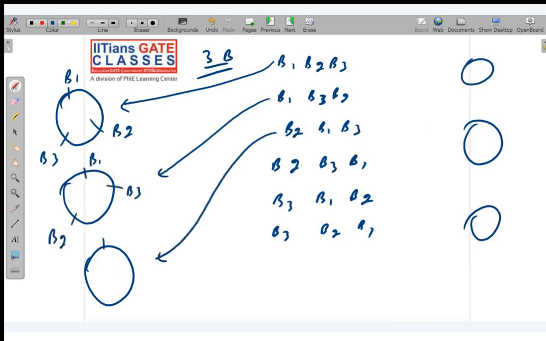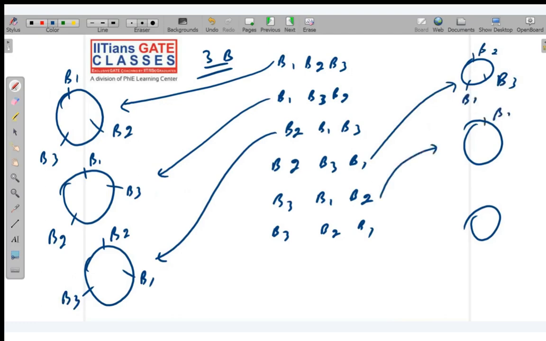Next B2, B1, B3. Next B2, B3, B1. Next B3, B1, B2. Next B3, B2, B1.